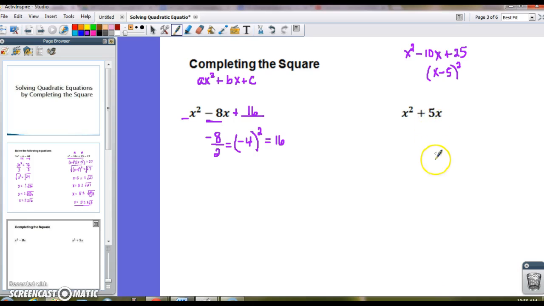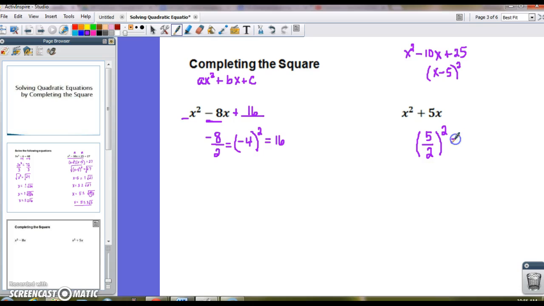So come on over here. I have a 5 here. I'm going to take half of 5. And trust me, it's easier to leave it as a fraction. Do not do it as a decimal because that's going to make it a lot harder. Half of 5 is 5 halves, and then I'm going to square that.